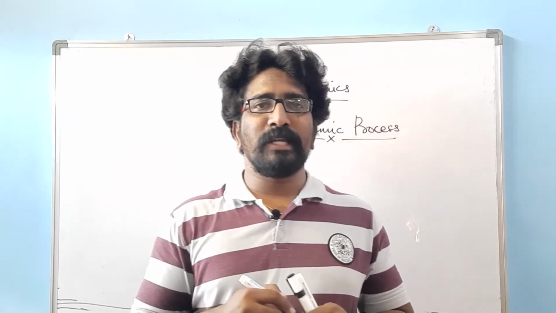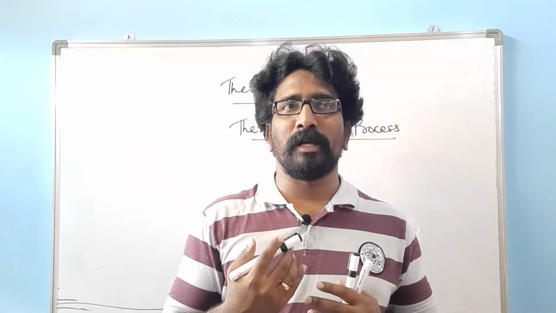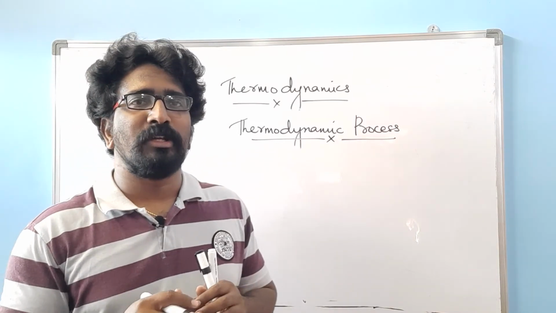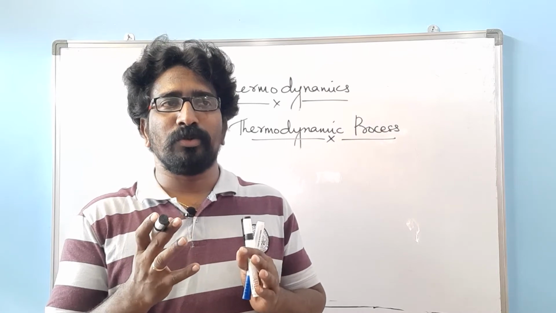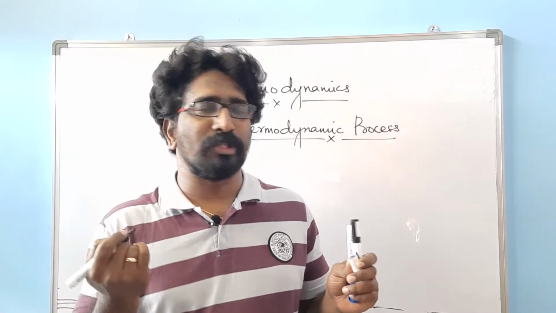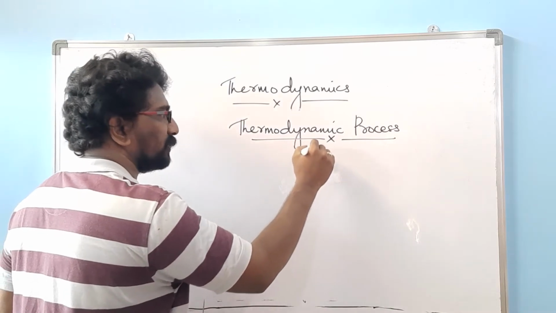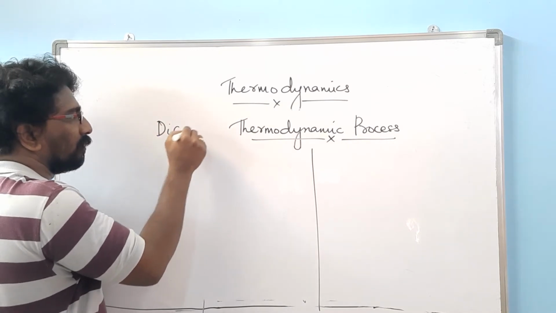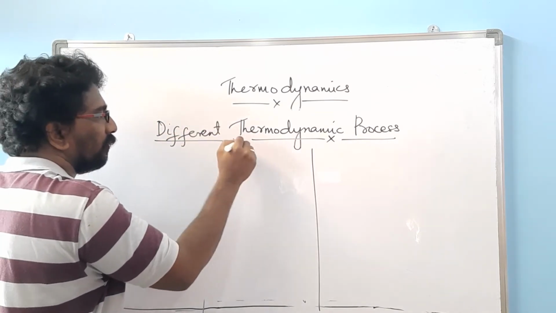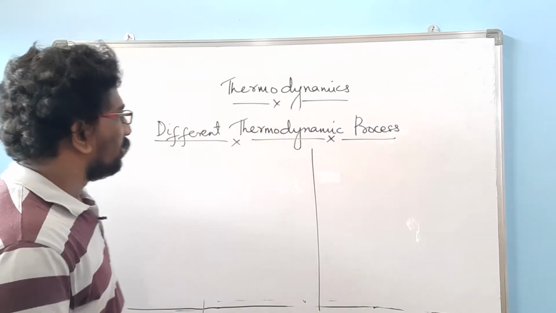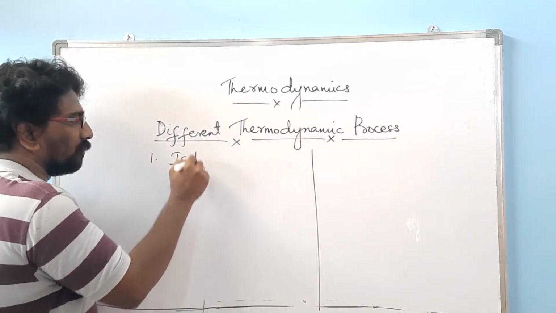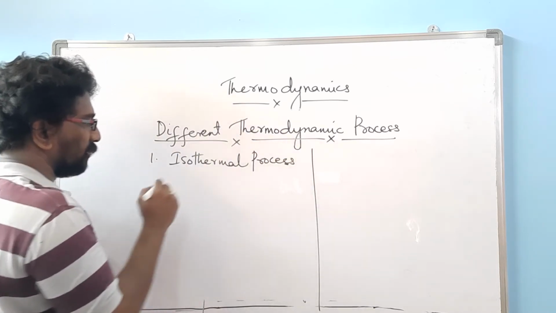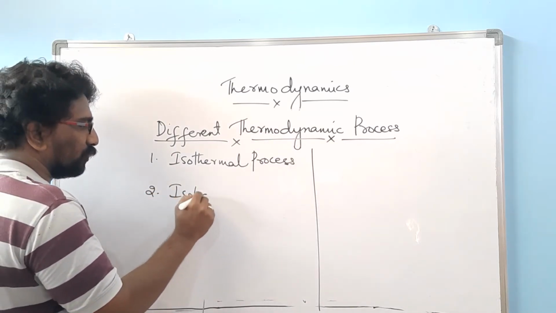Now let us see some different types of thermodynamical process. We have seen up to now what is meant by thermodynamic process. Now let us try to know a few different types of thermodynamic process. First one, isothermal process. Second one, isobaric process.